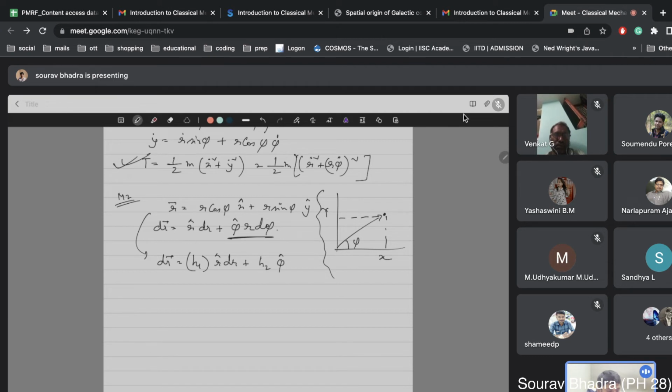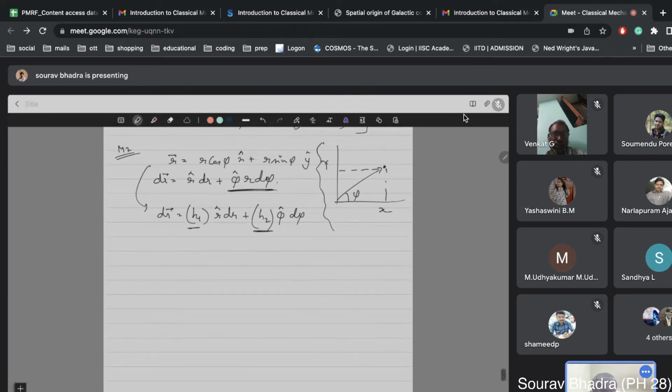Now phi cap d phi. I don't know whether you know it or not. If you calculate these scale factors, then you can find what the corresponding scale factor with the d phi component will be. So this is what I wanted to tell you.